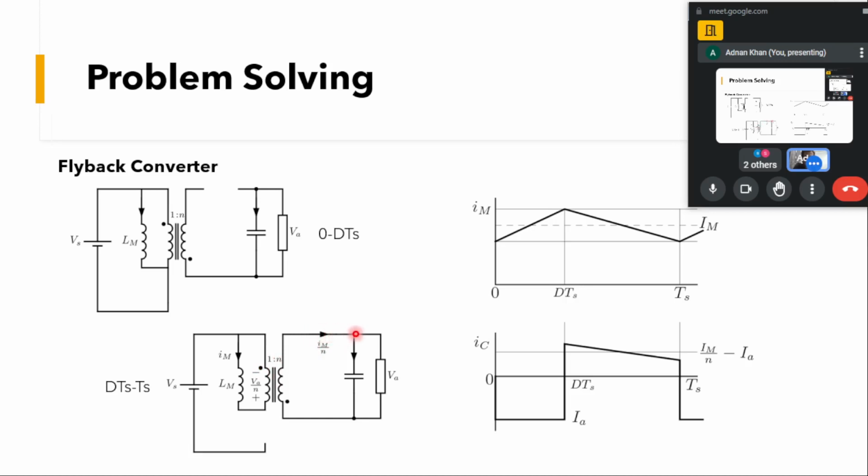If you apply KCL at this node, the current through the capacitor will be equal to IM by N minus I out, that is IA. That will be the average current that will flow through this capacitor. So the waveform will be something like this through the capacitor current. Is it clear up to this now?